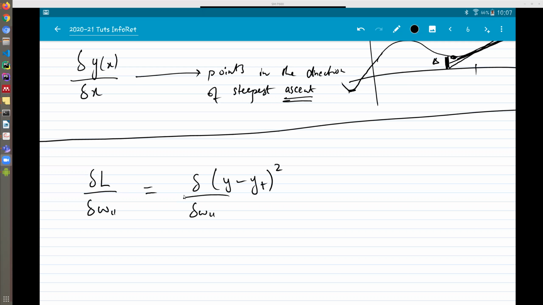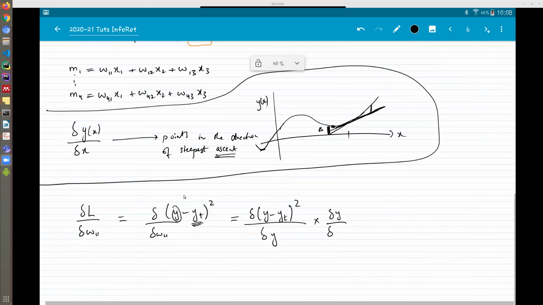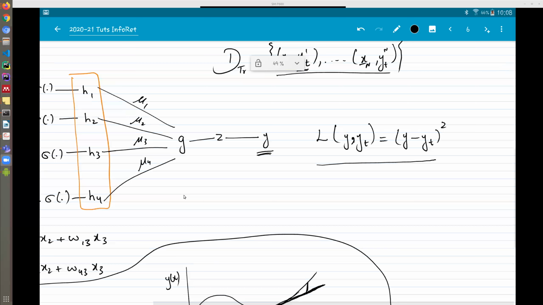Now again, following the chain rule, here y is a variable and this is a true value, which of course is not a variable. So what we can write here is delta of (y minus y_t) squared divided by delta of y, times partial of y over partial of z.